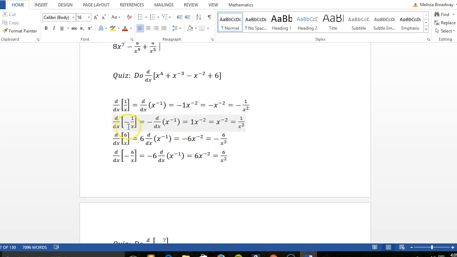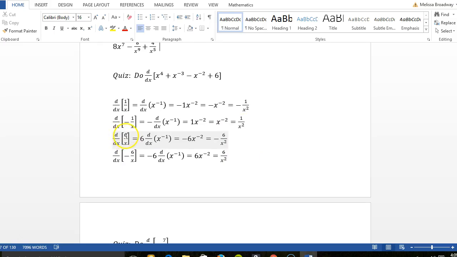So now d by dx of negative 1 over x, you remember negatives, you can just yank them out if they're multiplicative. So that's just the negative derivative of, now 1 over x is x to the negative 1. And then, now, remember, negative 1 comes out in front, but it's going to hit this negative right here and become positive 1. So we get positive 1x to the negative 2, which is just x to the negative 2 itself, which is 1 over x squared.